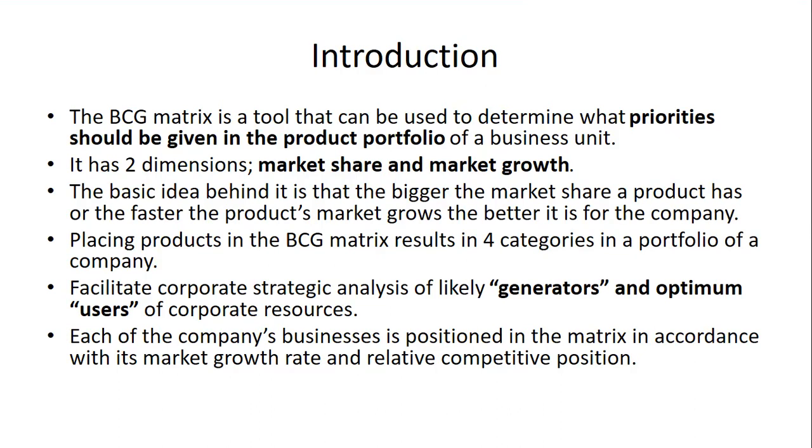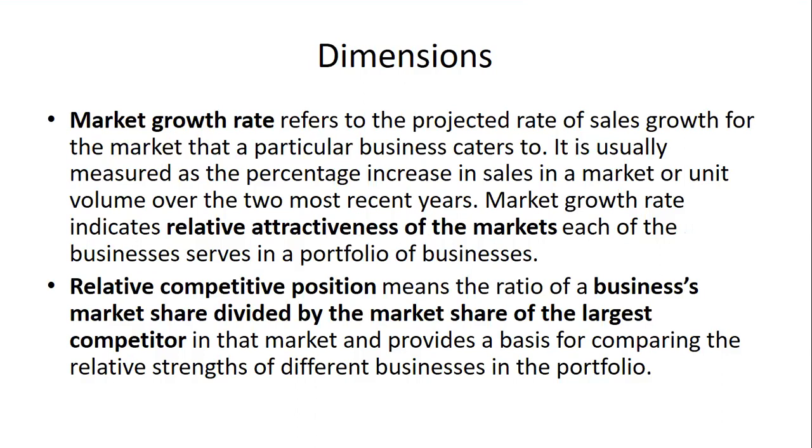The BCG matrix results into 4 categories. It also helps to analyze the generators and optimum users. Each of the company's businesses is positioned in the matrix according to its growth rate, that is market growth rate, and the competitive position. So let's go slowly to each and every factor.